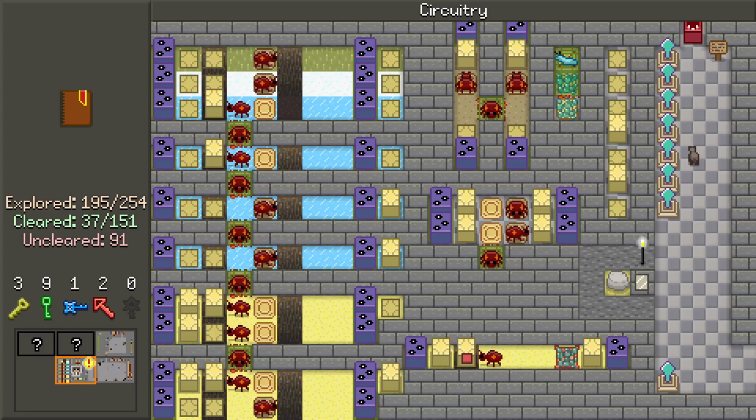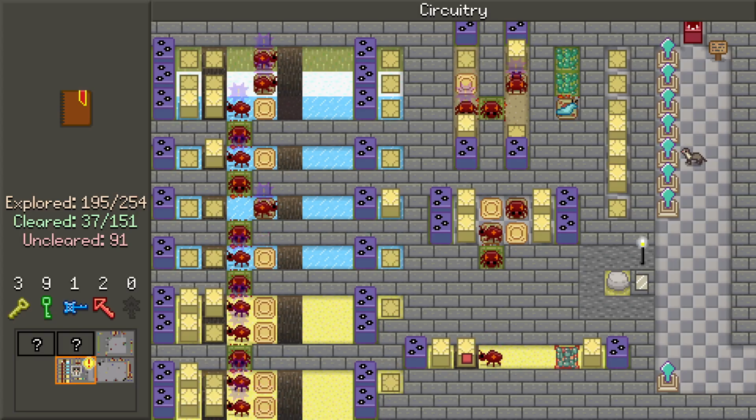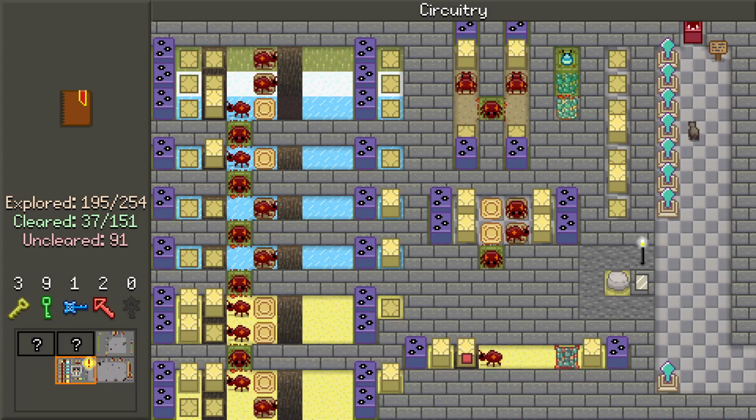Let's try tapping number 3. So that didn't do much. It moved you left and then back to the right. What is happening?